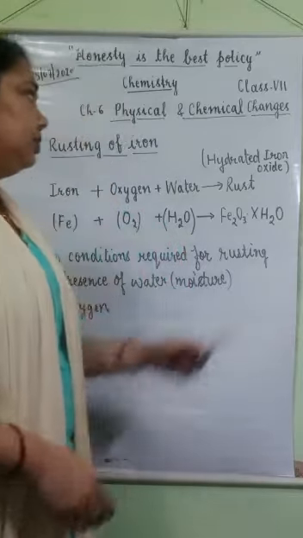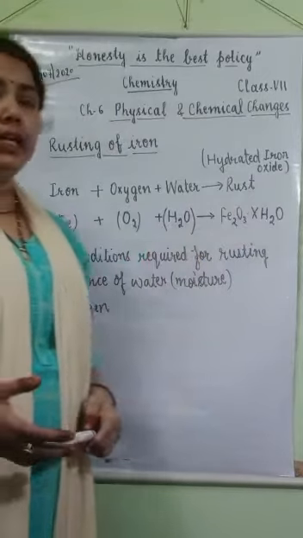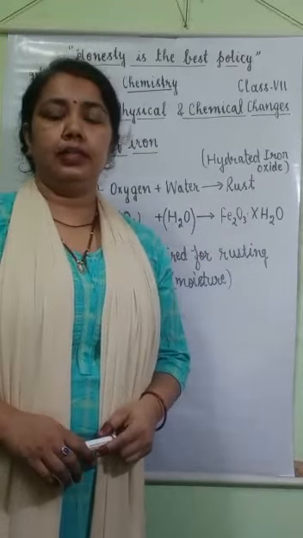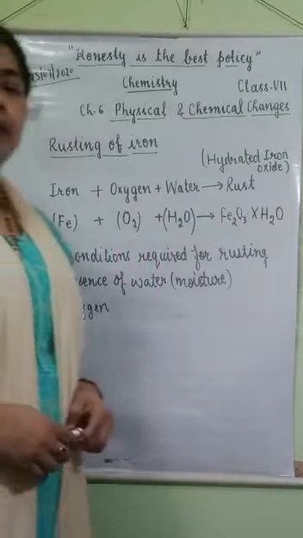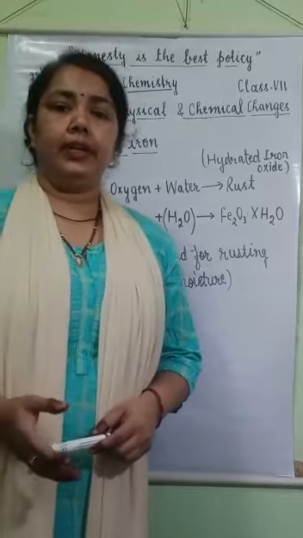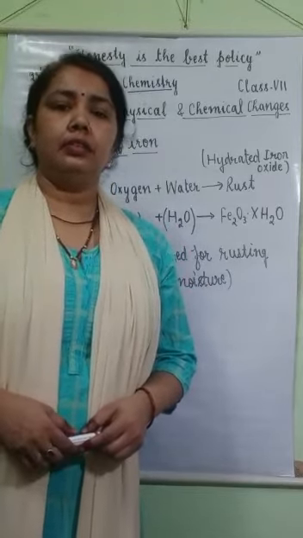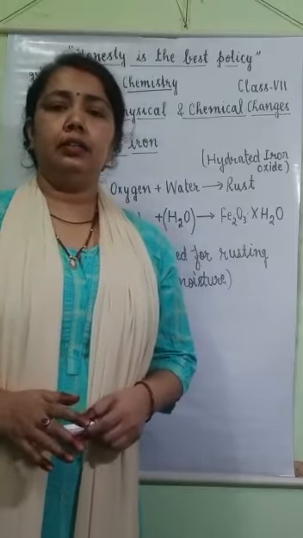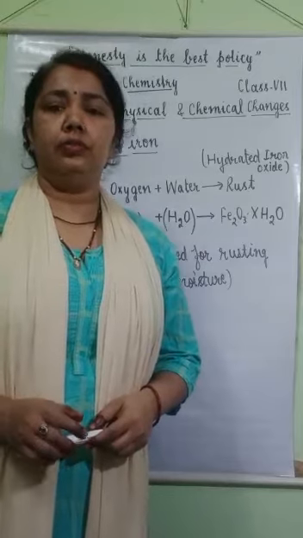It is also known as hydrated iron oxide. It makes the iron useless. Since iron is used in making trains, ships, buildings, cars, and trucks, there is a very huge amount of monetary loss due to rusting.